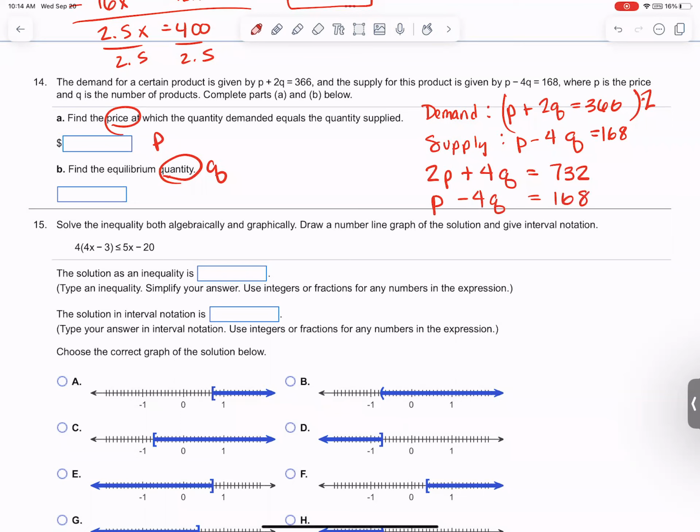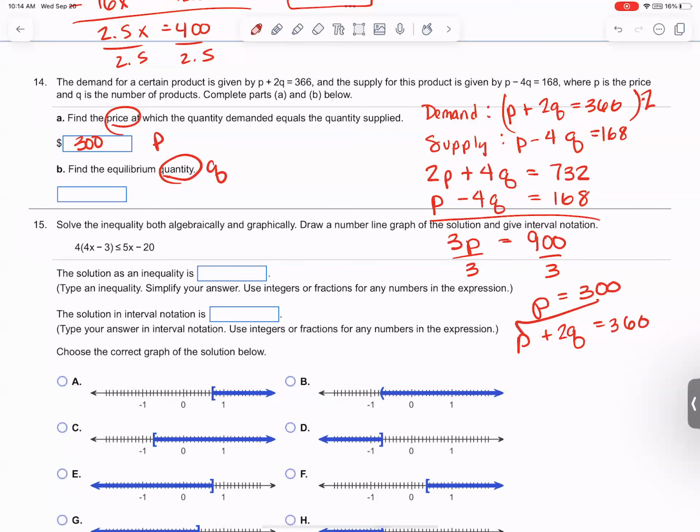What time is it? So I get 3P is 900. Divide by 3, so P is 300. So the price where I have equilibrium is at 300. To find the quantity where I have equilibrium, I need to find Q. So I'm going to plug this back into the first equation.